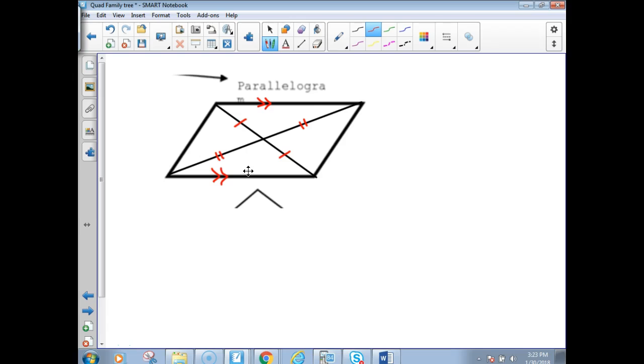And then I'm going to triple slash it. And then the left and the right, of course, I'm going to single arrow for parallel, and I'm going to put 4 slashes.